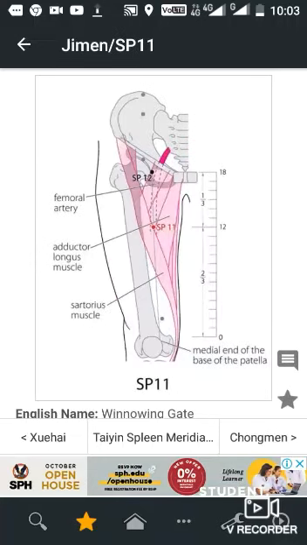Next, spleen 11. On the line connecting Xuehai, spleen 10, and Chongmen, spleen 12, 6 cun above Xuehai, spleen 10.